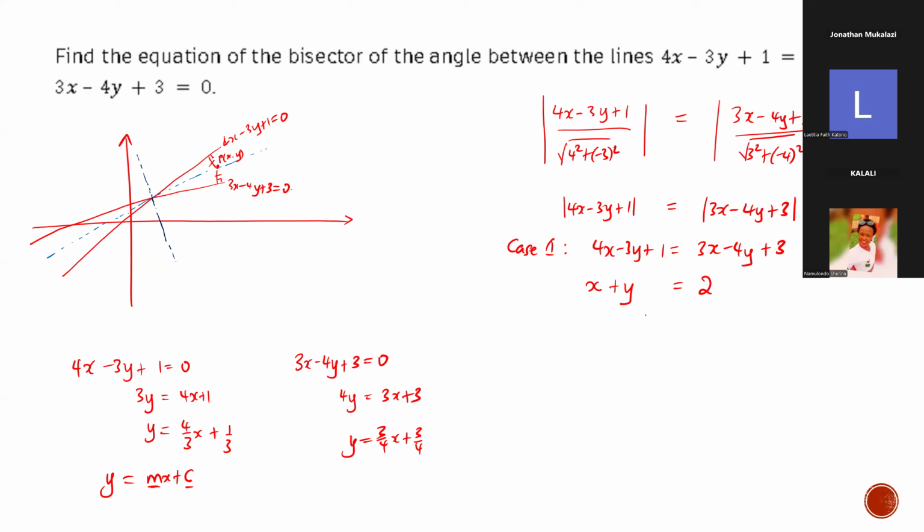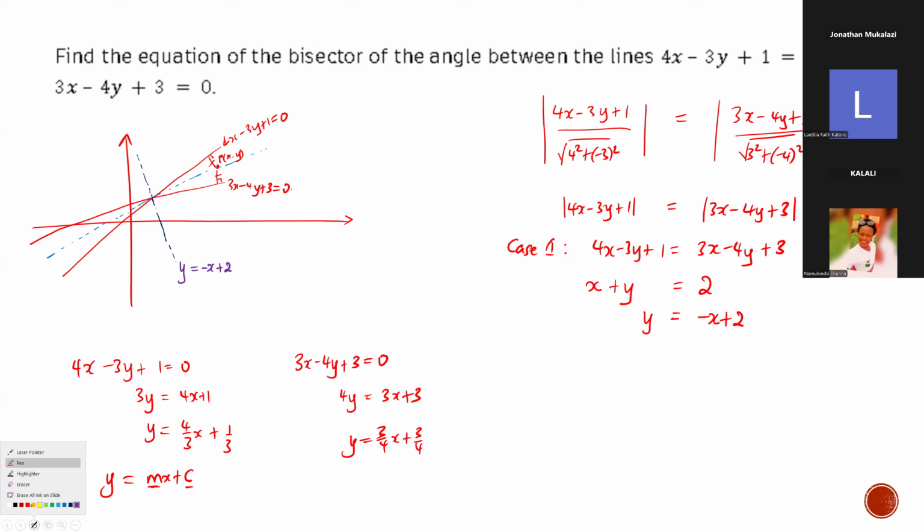So this would be the equation of a line. If you want, you can write it as y is equal to minus x plus 2. If you look at our sketch, that line must actually be this line right here, y is equal to minus x plus 2, because it has a negative slope. So that must be the line that we are talking about, and that would be the equation of one of the angle bisectors.